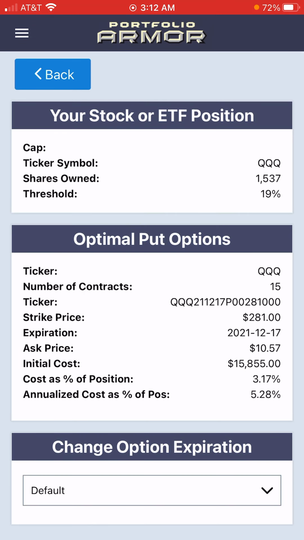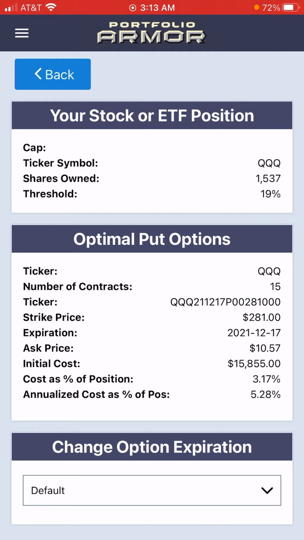And in a few moments, we're presented with the optimal hedge to protect against a greater than 19% decline in QQQ for 1,537 shares. As you can see here, the cost was $15,855, or 3.17% of position value. The annualized cost was 5.28% of position value.